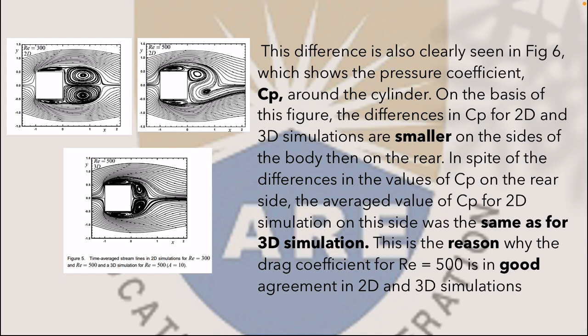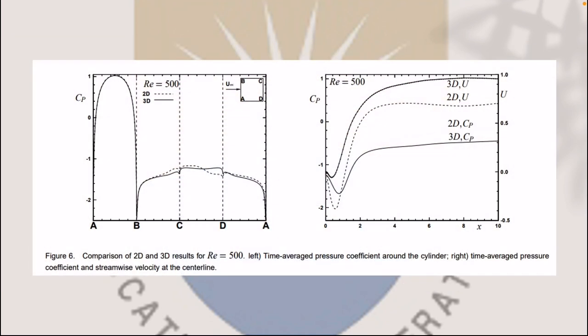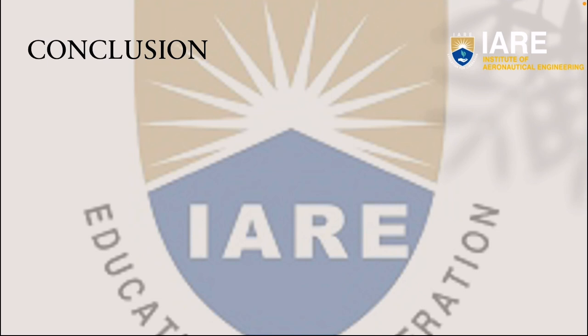This is the reason why the drag coefficient for Reynolds number 500 is in good agreement in 2D and 3D simulation. Figure 6 describes the comparison of 2D and 3D results for Reynolds number 500: time average pressure coefficient around the cylinder, and time average pressure coefficient and streamwise velocity on the center line.